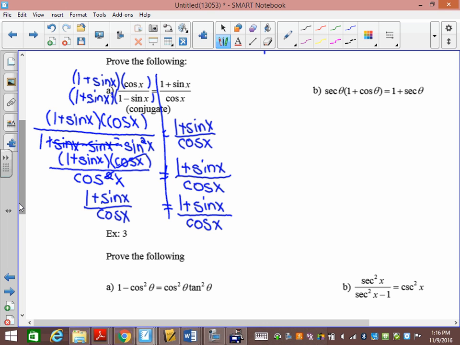So I see that I can distribute these and see what happens. Secant theta times 1 is secant theta. Secant theta times cos theta is secant theta cos theta equals 1 plus secant theta.